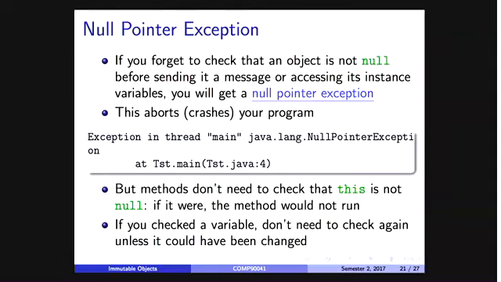What you should do instead is check. You're kind of obliged to check whenever you send a message to an object to make sure that it's actually an object and not null. So if you forget to check, expect to start seeing this. And I'd be surprised if more than a few percent of you don't see this message by the time you're done with this class. It just happens all the time. It's a pitfall that we all have to trip into a few times.